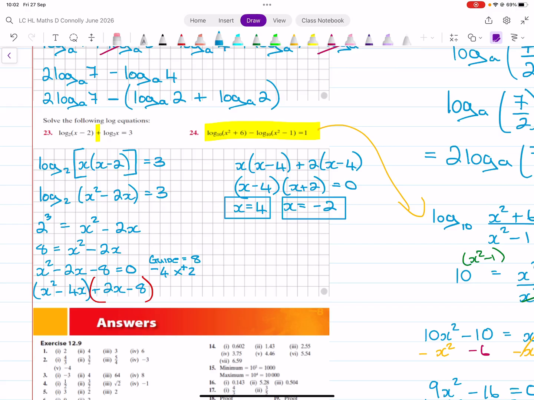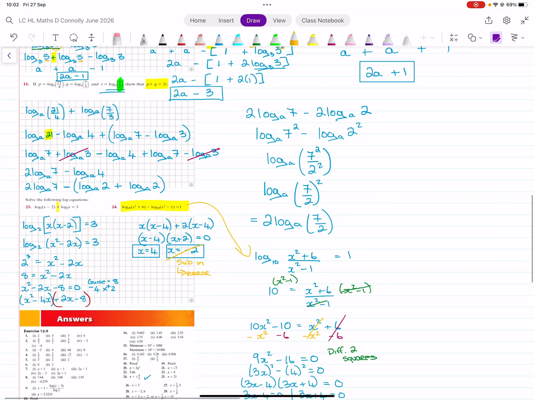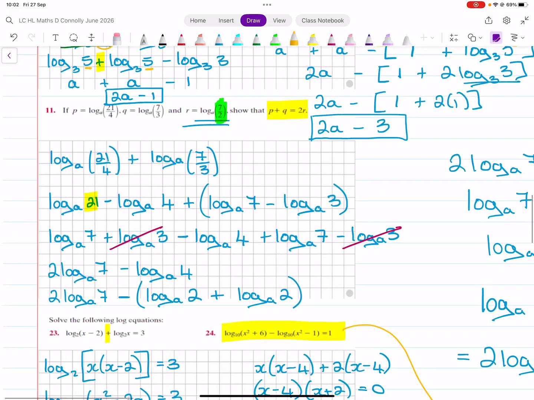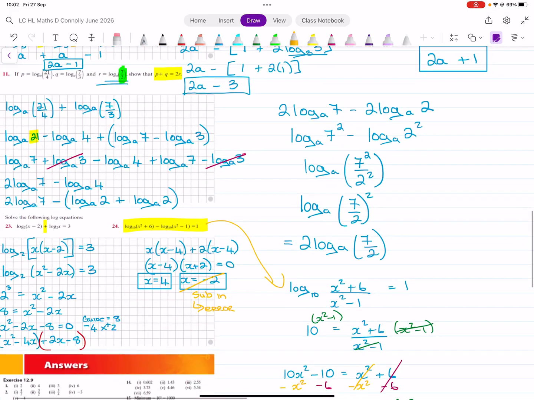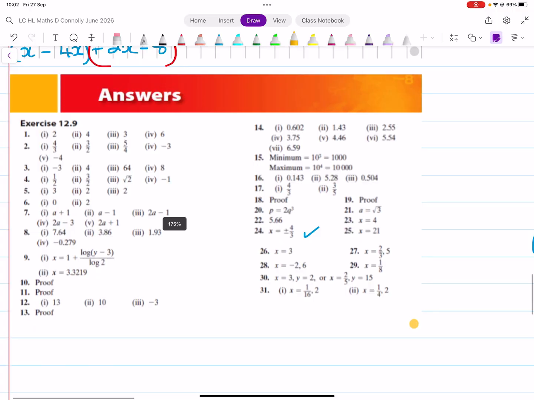Yeah, so if you sub, it should be clear, but if you sub this in, you get an error. So that answer gets rejected. And what's this one? 11. Oh yeah, that definitely worked because it was a proof.